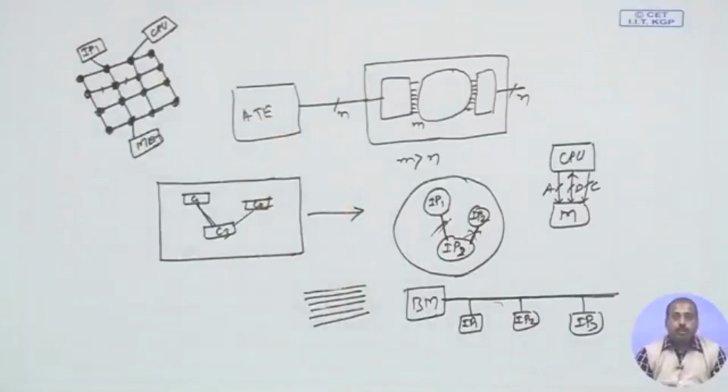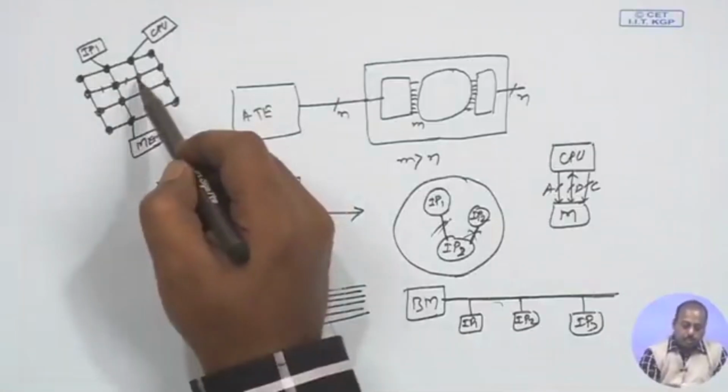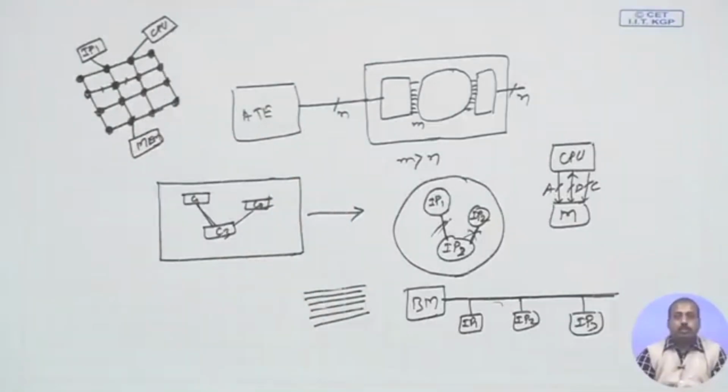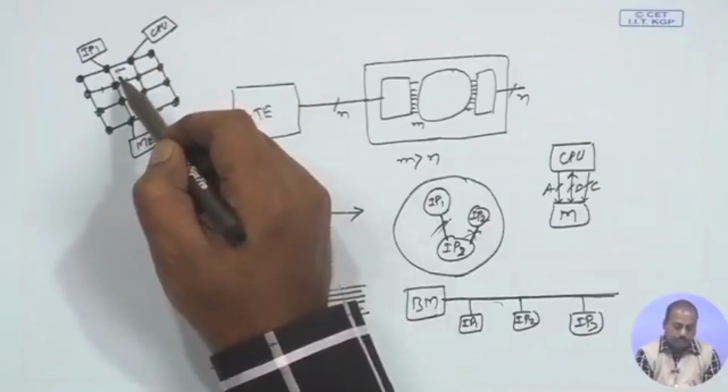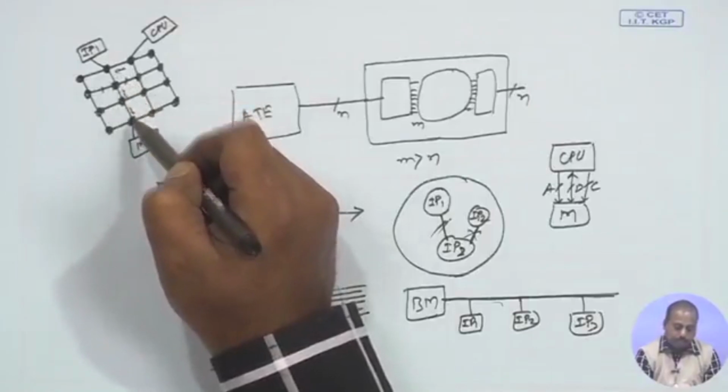So, there has to be some routing policy. These individual routers will follow some routing policy. A very simple routing policy may be the XY routing, so that any message that is to be transmitted is transferred in the x direction first and then in the y direction.